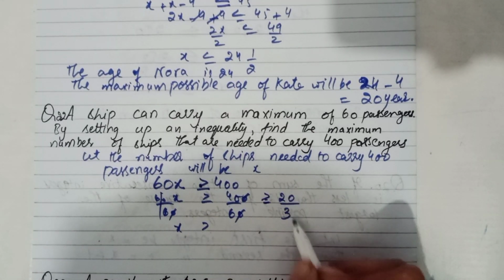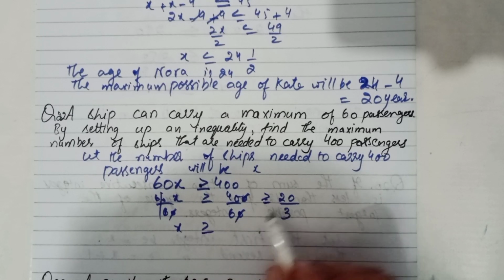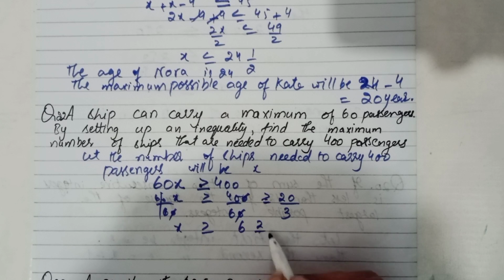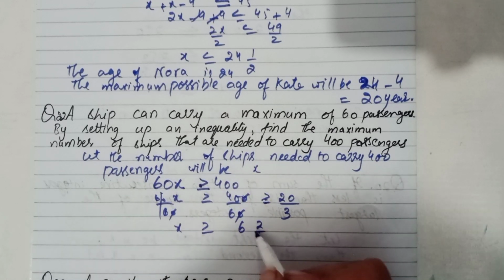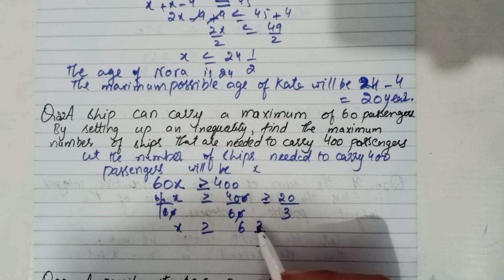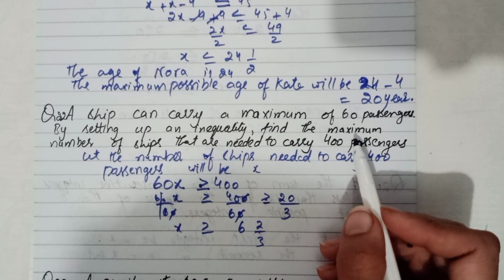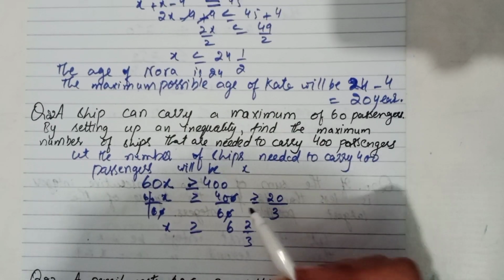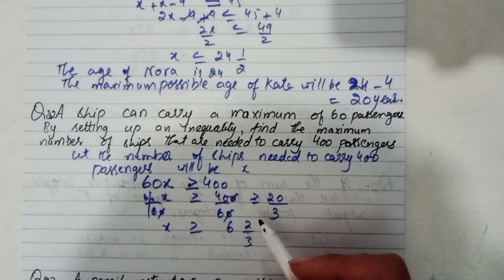Now by solving it we get 3 6, yes, 3 6 18, and adding 2 we get this value. And the maximum number of ships needed to carry 400 passengers, because it is the greater than value, that's why we have to write the answer 7, because we have to find the maximum number. If there is a minimum number, then it will be 6.